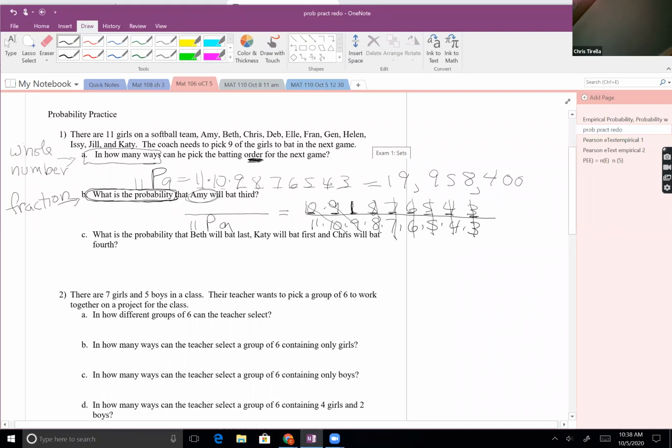But as I'm looking at it, it reduces quite nicely, and I'm left with 1 out of 11. Does that make sense?